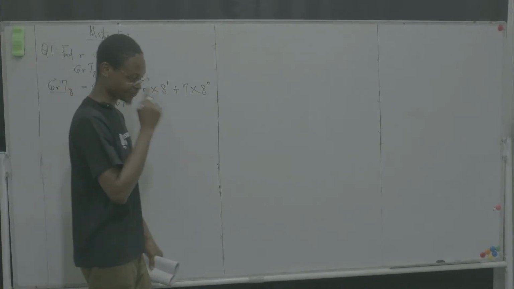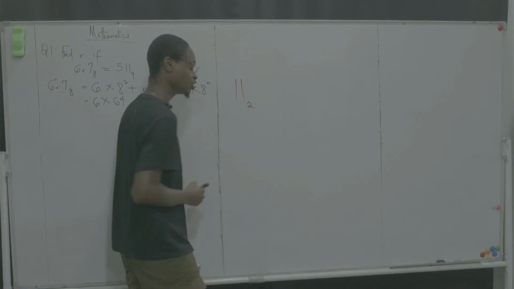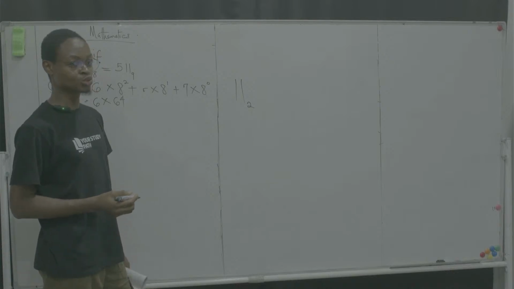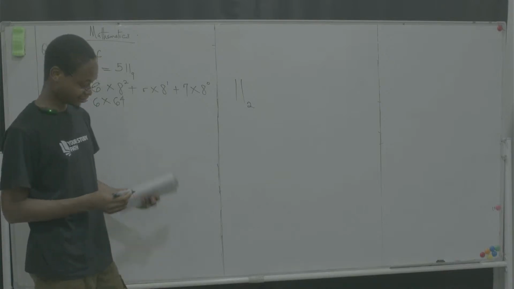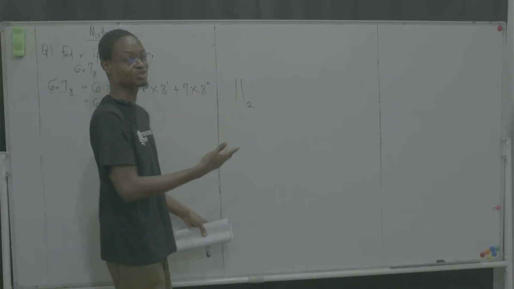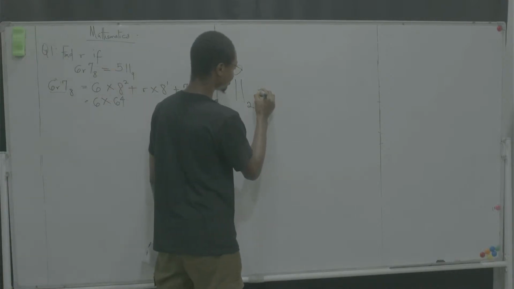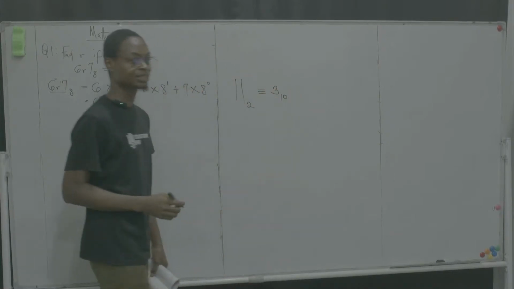Let's start with a very basic number. For instance, if you have 11 in base 2, what is it equivalent to in base 10? This is equivalent to 3 in base 10.